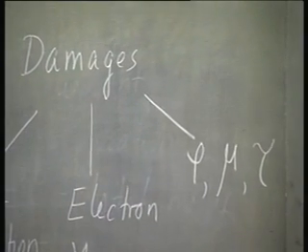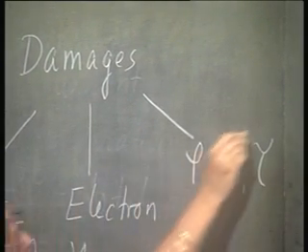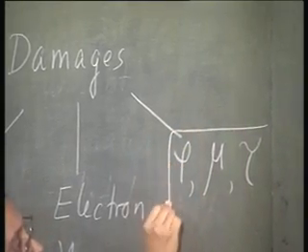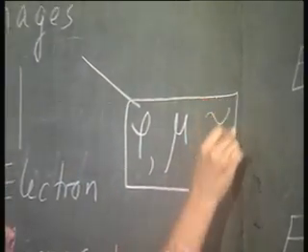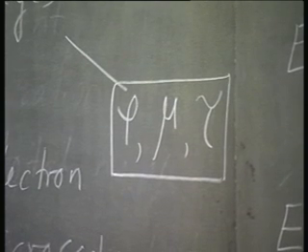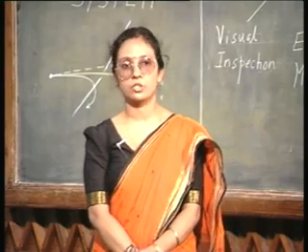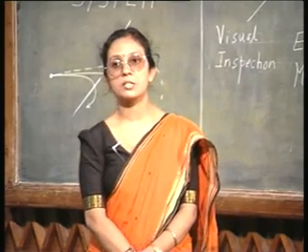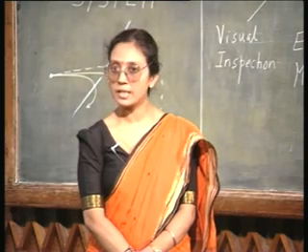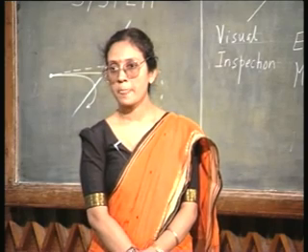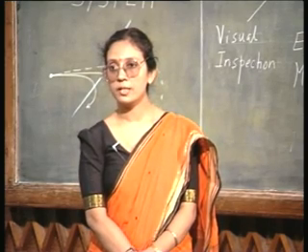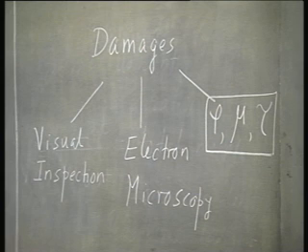So, we are most interested about these three factors: how rho has changed, how the conductivity has changed, how mu has changed, how the mobility has changed, and what has happened to the lifetime. Obviously, as a result of the implantation damage, all these three factors are going to get degraded, and how much they have got degraded will give me an estimation of the damage.